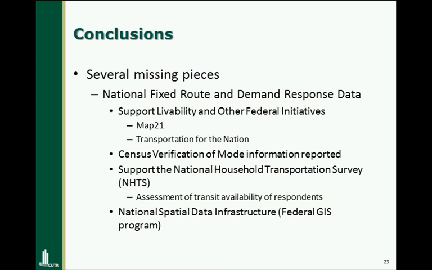Also, the national fixed route and demand response data set could be used to support the National Household Transportation Survey, giving an assessment of transit availability for respondents. People answer questions in the National Household Transportation Survey saying they did not take transit, but with a national urban transit GIS repository, you could evaluate the people who are not taking transit but have transit nearby.